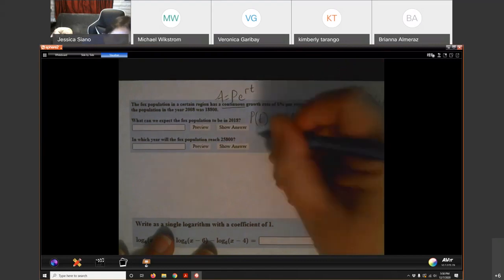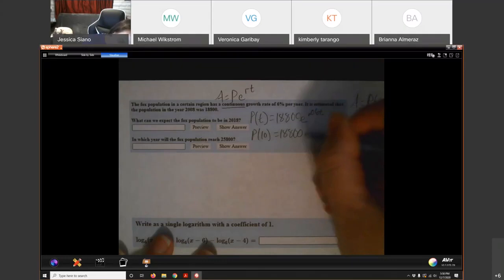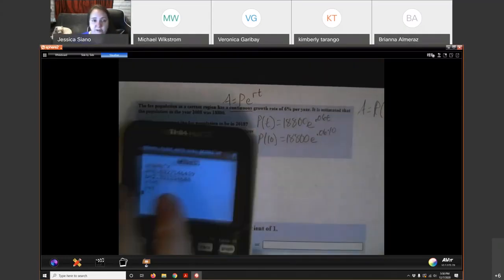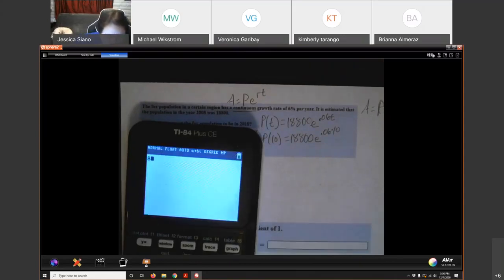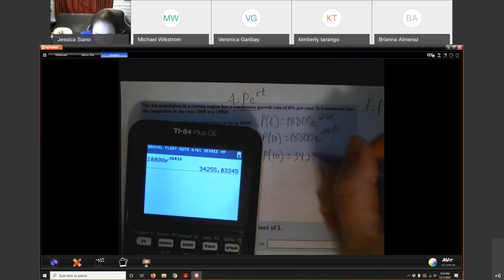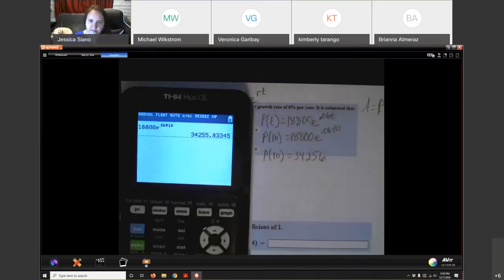So then we're going to do P of 10. And that I'm just going to put in the calculator. I'm going to round to the nearest whole fox.